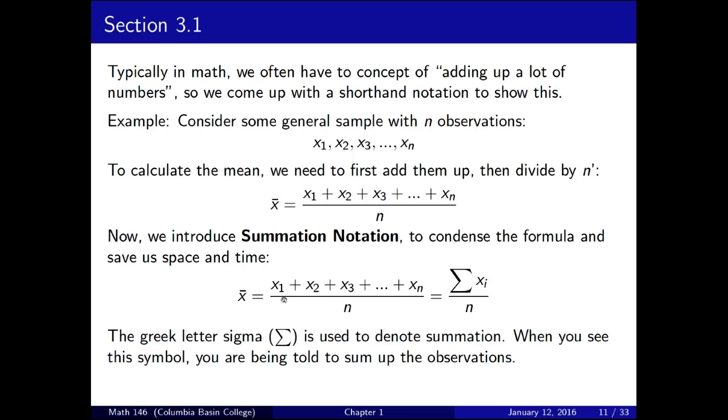So here, instead of writing x1 plus x2 plus x3 plus dot dot dot plus xn, we use this capital sigma. And this capital sigma tells me I'm going to add up all of these x values. So the sum of the xi's all divided by n. Alright, so that big sigma basically just means add a bunch of stuff up.